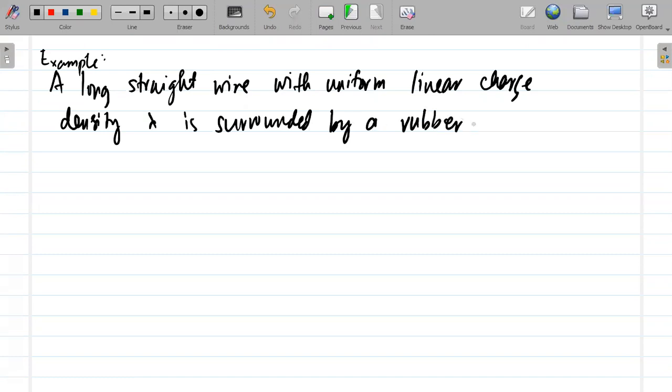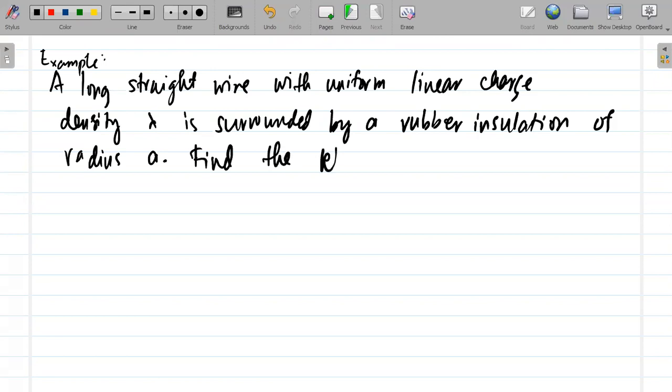Di ba class, usually yung mga wire nyo, meron kang conductor sa loob, tas may rubber insulation sa labas of radius A. Now the question is find the electric displacement. So yun yung tanong.